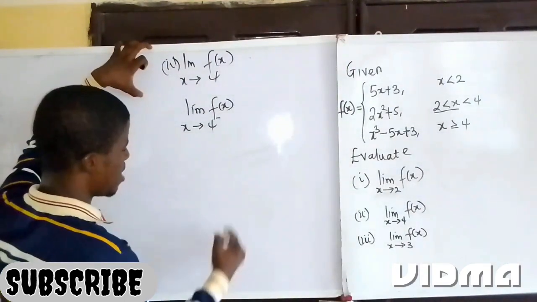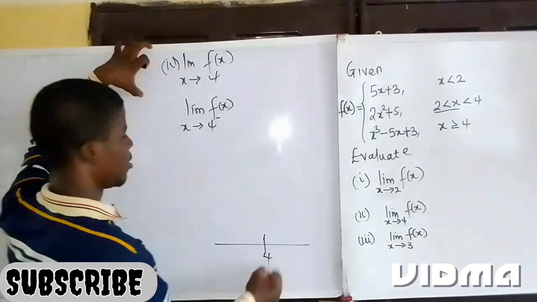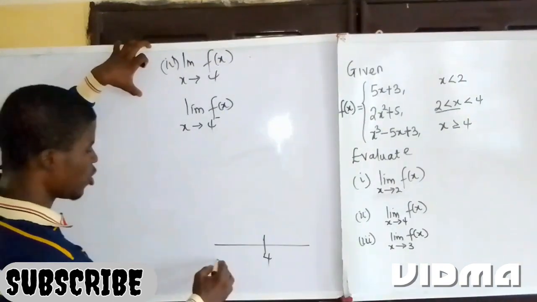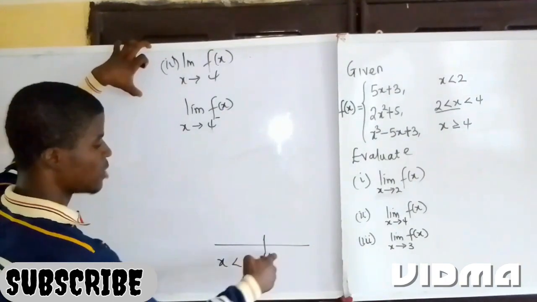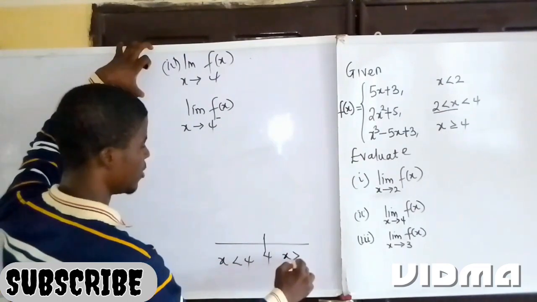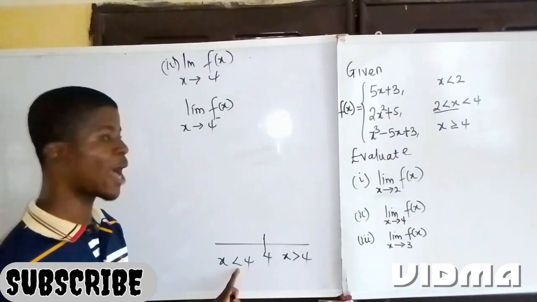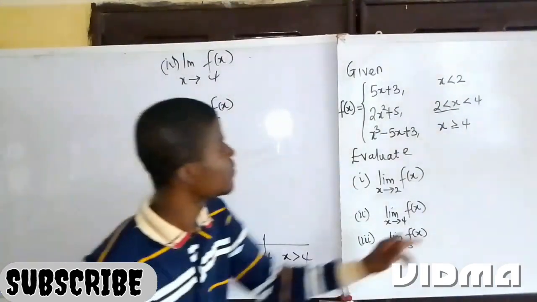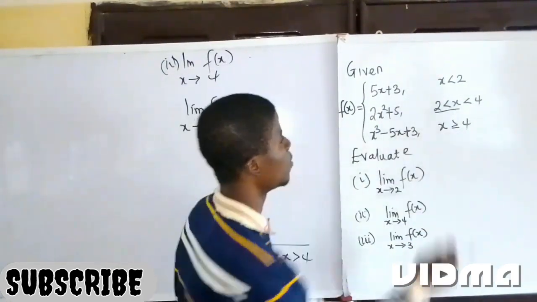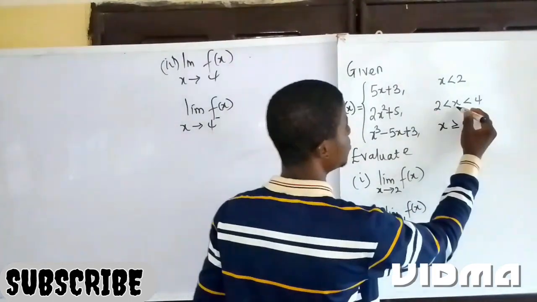Going by the same analysis, to the left we have numbers less than 4, and to the right we have numbers greater than 4. So where is x less than 4 here? I'm coming from the left now. I have this interval, x less than 4. I can see it here.